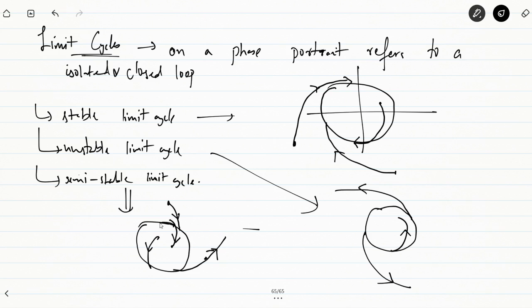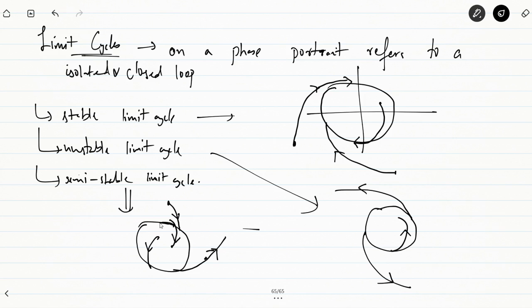A limit cycle, as I have already defined, is a property where a nonlinear system will exhibit sustained oscillation of fixed magnitude and fixed frequency without any external disturbance. This system will continue to oscillate.